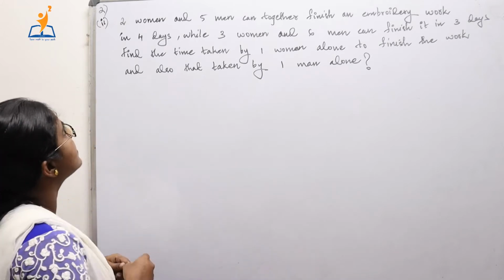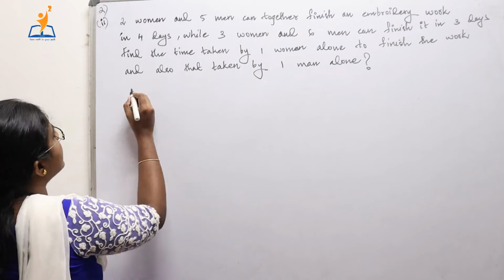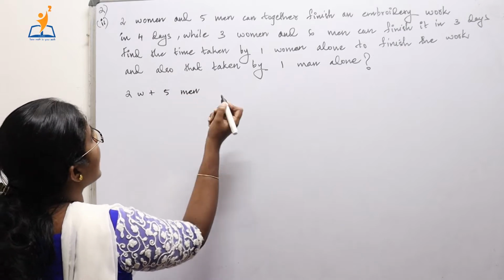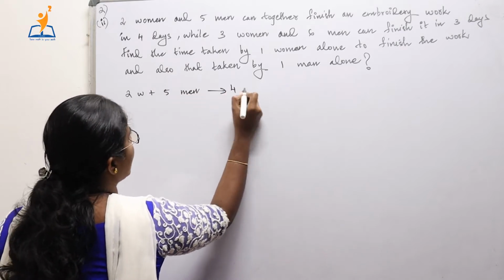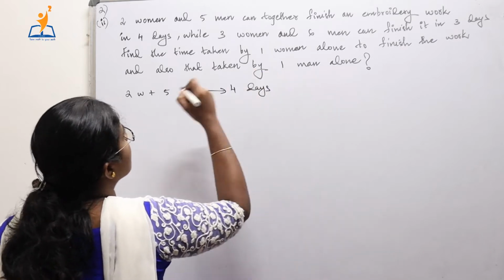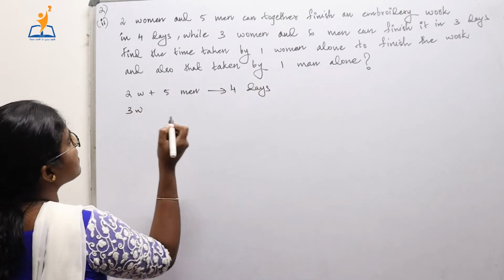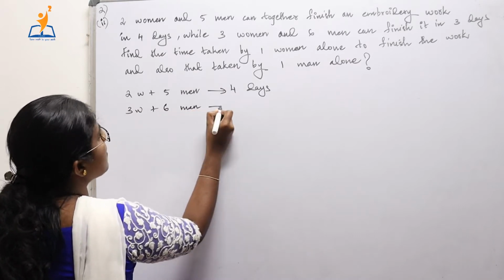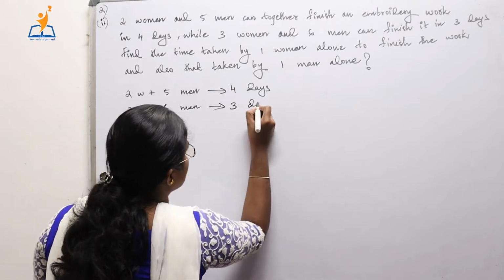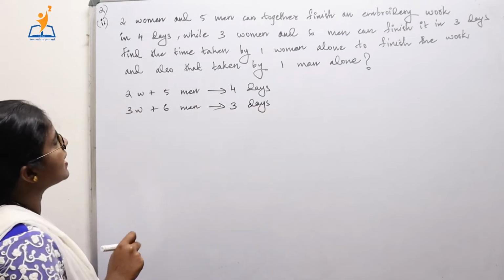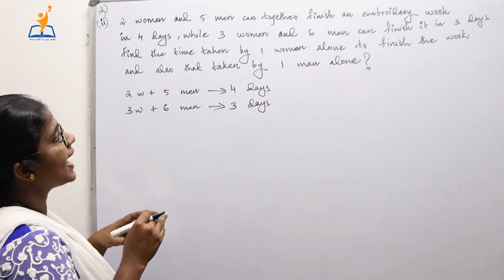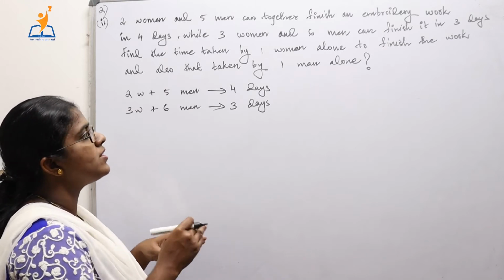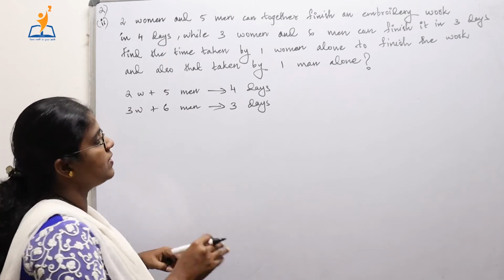So the given conditions are: 2 women plus 5 men can together finish the work in 4 days, and again 3 women and 6 men can complete the work in 3 days. We are asked to find the time taken by 1 woman alone to finish the work and that of 1 man alone.